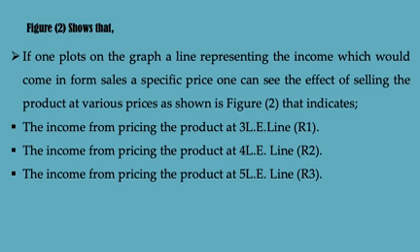The diagram clarifies for us the income which would come in from sales at a specific price. One can see the effect of selling the product at various prices as indicated in Figure 2. The income from pricing the product at £3, for example, the break-even point will be R1.